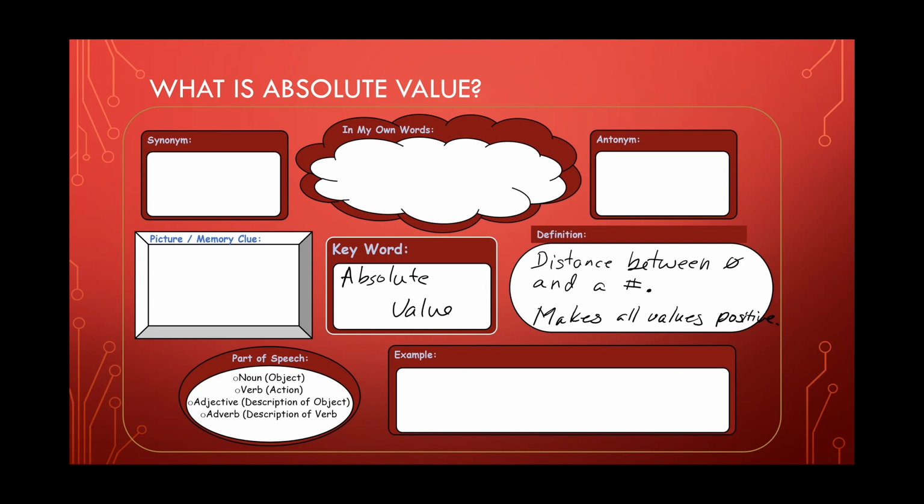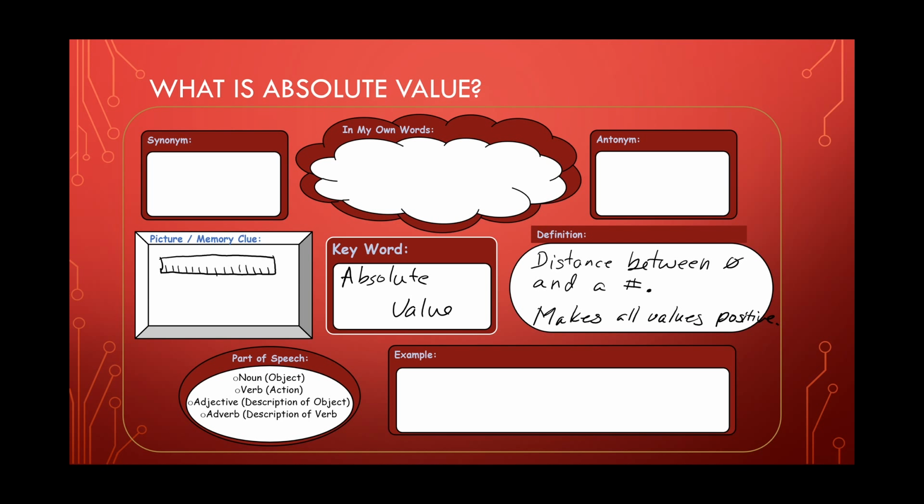I really think of this as that measuring thing. So my memory clue is a ruler. Notice a ruler doesn't have negative numbers because distances are always positive. A number line has negative numbers, but a ruler does not. I'm going to give some simple examples.